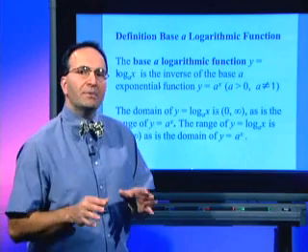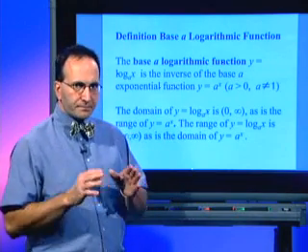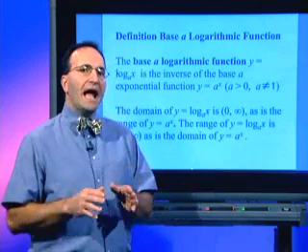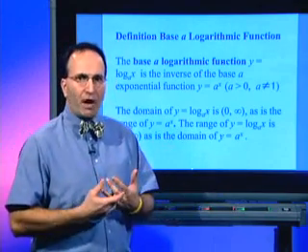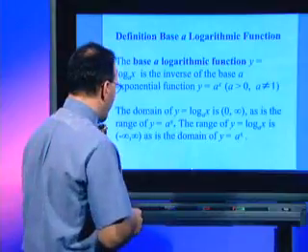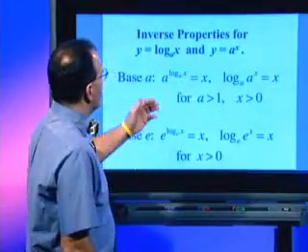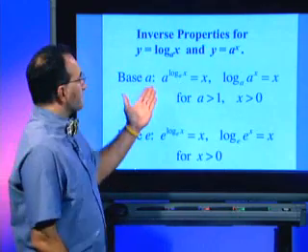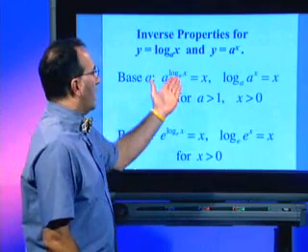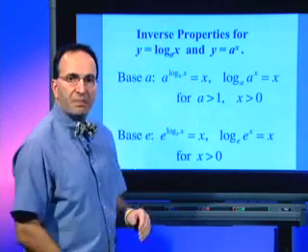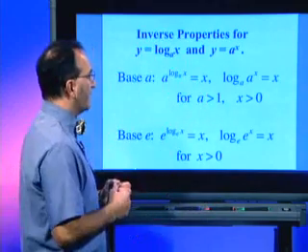Now, since composition of inverse functions in either order leads to the identity function, we have the following inverse properties for those functions. Starting with base a, we have a raised to the log base a of x. So a raised to that exponent will give us back x, which is the identity function.